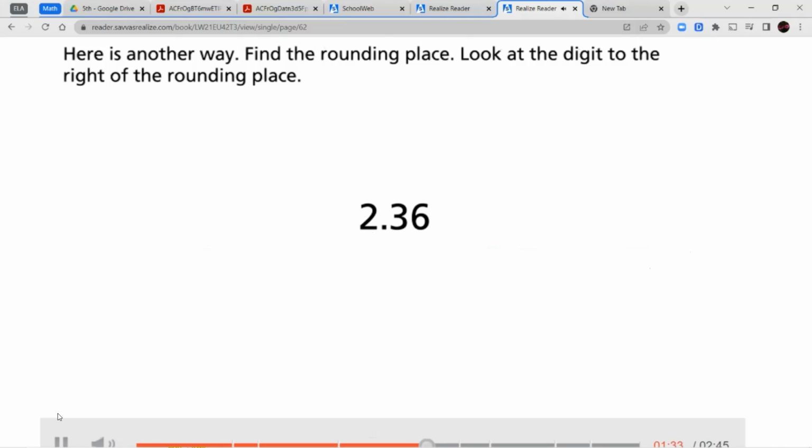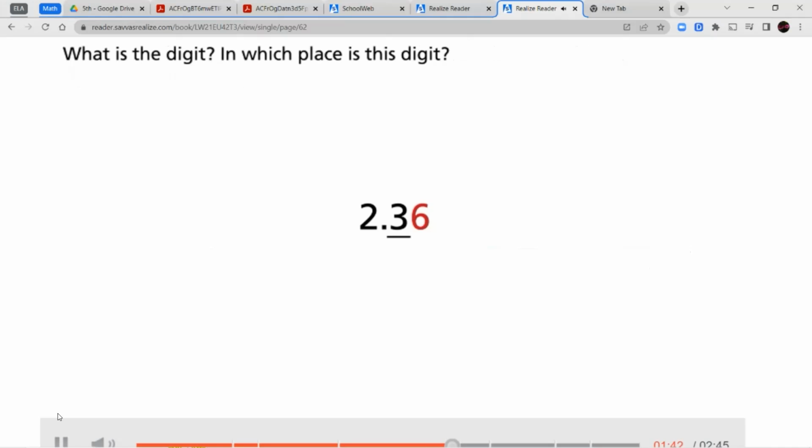Here is another way. Find the rounding place. Look at the digit to the right of the rounding place. What is the digit? In which place is this digit? So we figured out which number we're rounding, and then we looked at the digit to the right. If we're looking to round the tenths place, we're going to look at the hundredths place.